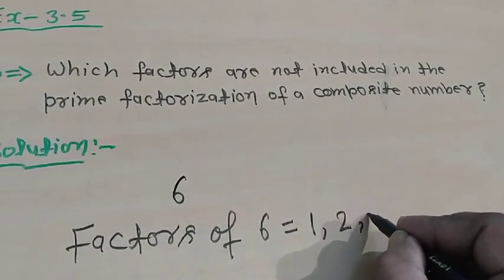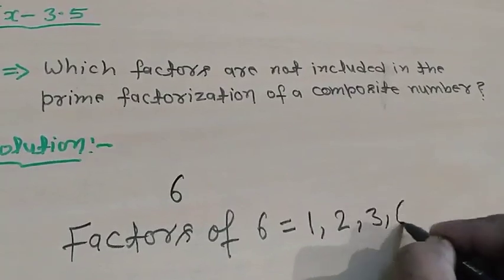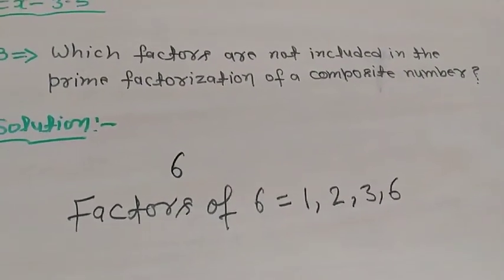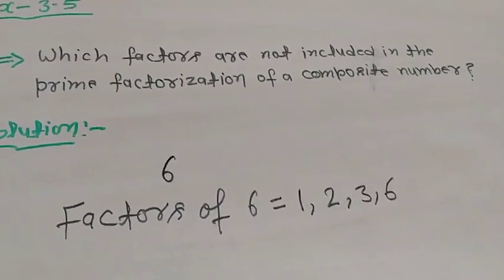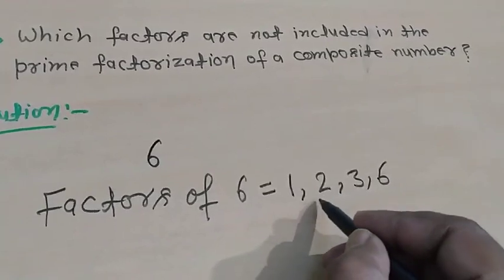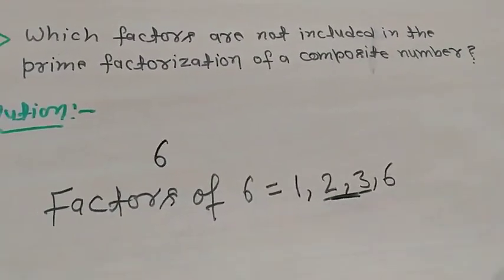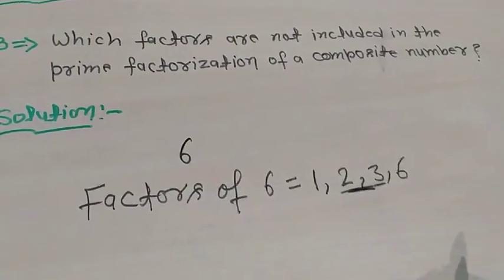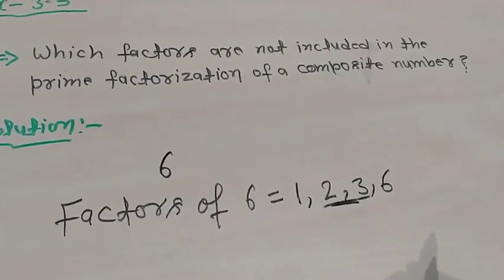3 divides 6, 3 is a factor of 6, and 6 divides 6, so 6 is a factor of 6. Okay, but we discuss here prime factorization, meaning prime numbers. Okay, so you can see here both are prime numbers. Clear? And which factors are not included?